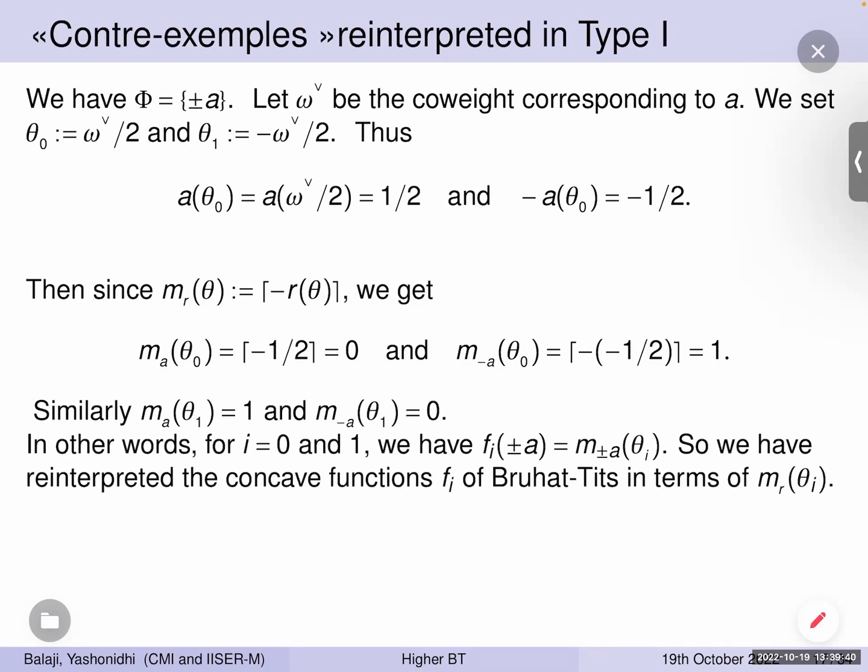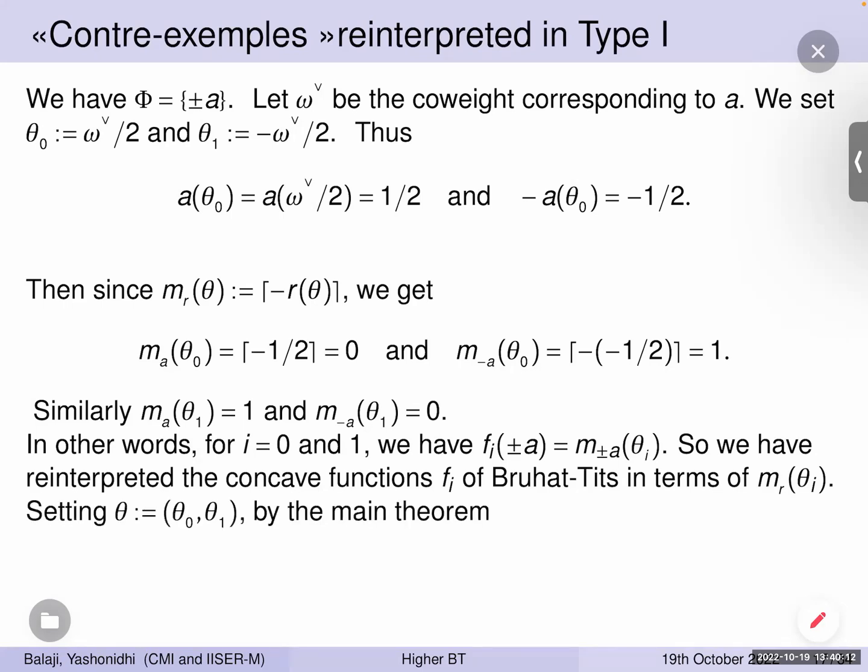In other words, for i equal to 0 and 1, the previous f_i at a is m_a theta_i. So we have managed to reinterpret the concave functions f_i of Bruhat-Tits in terms of m_r theta_i, which are of type 1. So it's a very elementary slide.